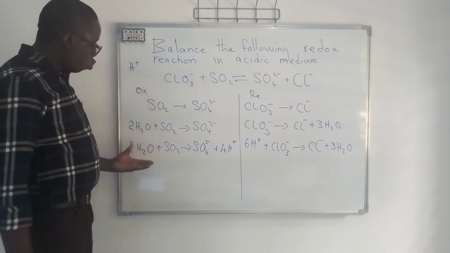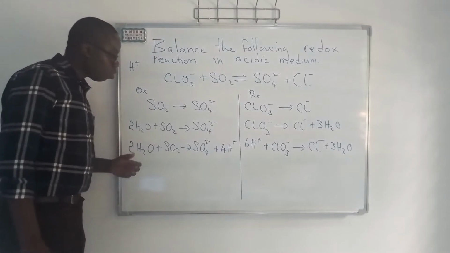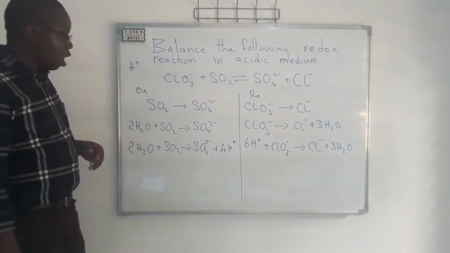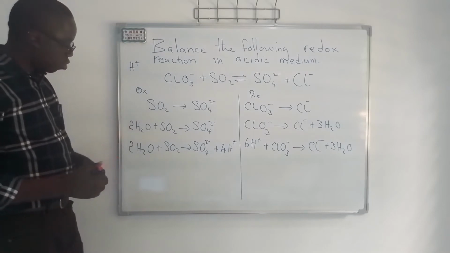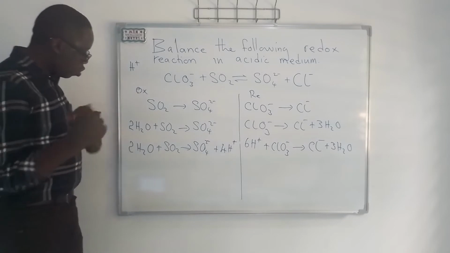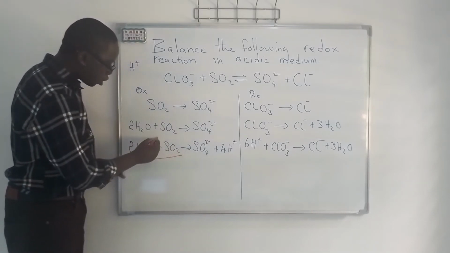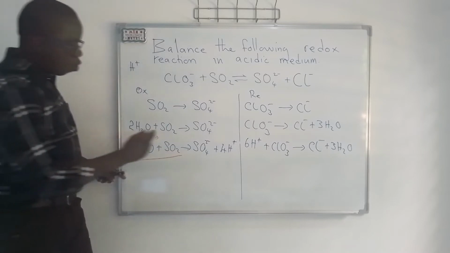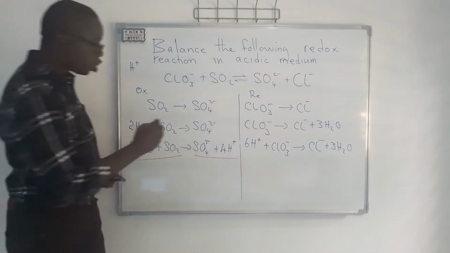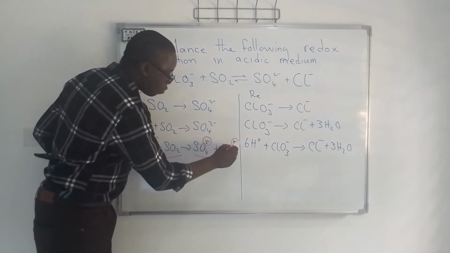Now that we have balanced the hydrogen atoms, we have to balance the charges. Now, how do we balance the charges? When you look at the oxidation reaction, you will notice that the reactants have a formal charge of 0, while the products have a formal charge of -2 and +4.